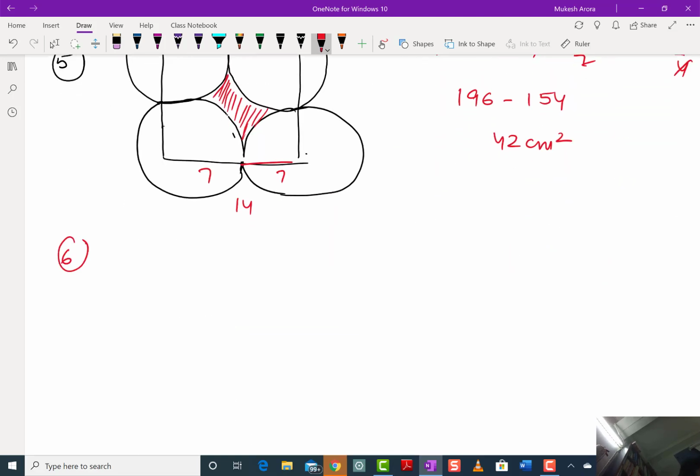Question number 6 is ABCD is a rectangle.